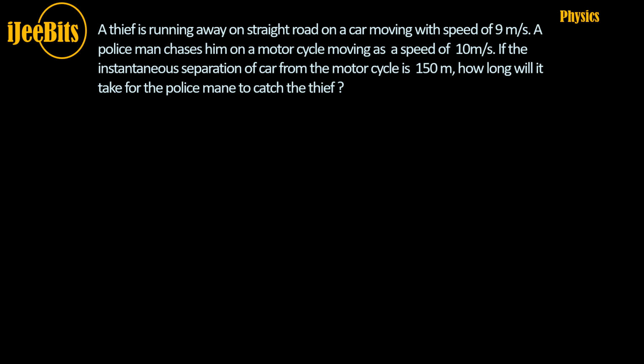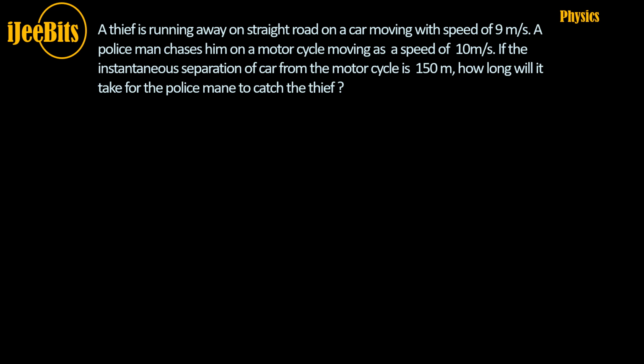Okay, let's look at this problem. I'm reading out. A thief is running away on a straight road in a car moving with a speed of 9 meters per second. A policeman chases him on a motorcycle moving at a speed of 10 meters per second.